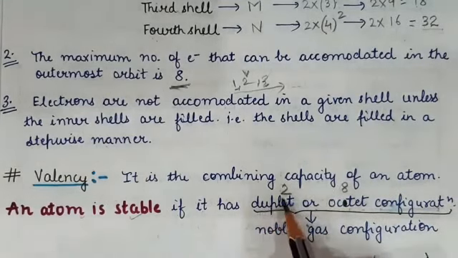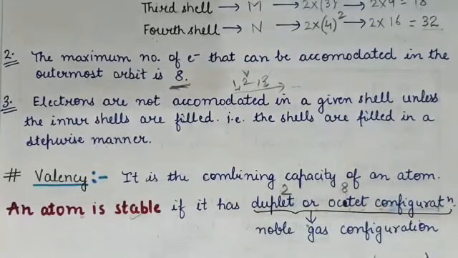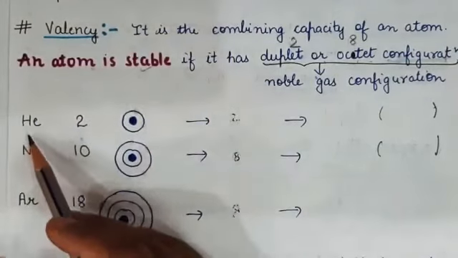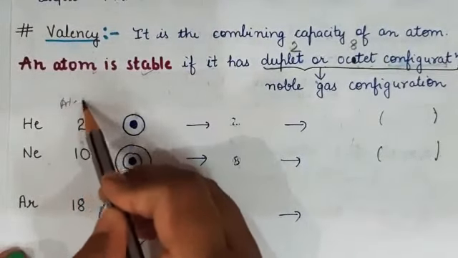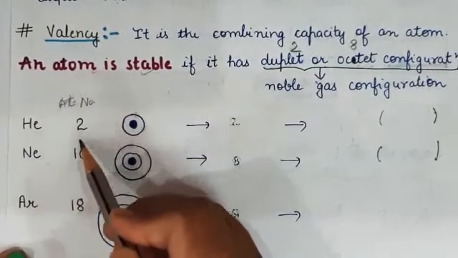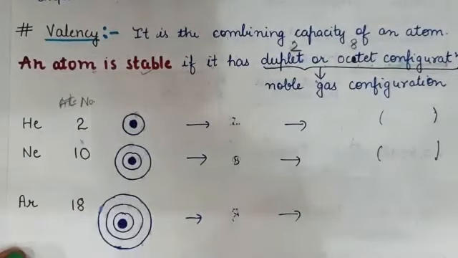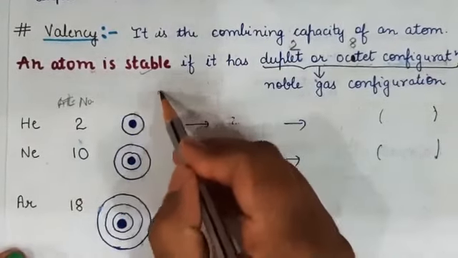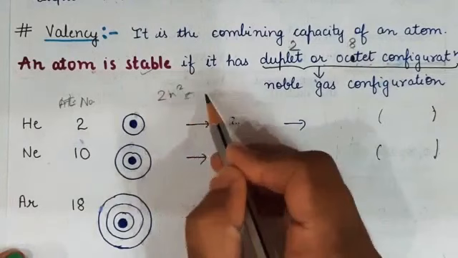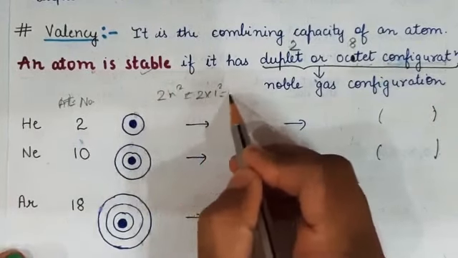It should have 2 or 8 electrons as noble gas configuration. This will be more clear if I take some examples. First element is helium. What is the atomic number of helium? It is 2. Now, in the first shell, how many electrons can be filled by the 2n square rule? 2.